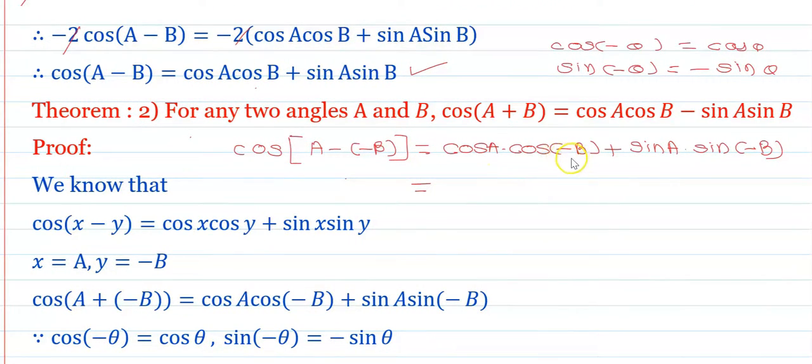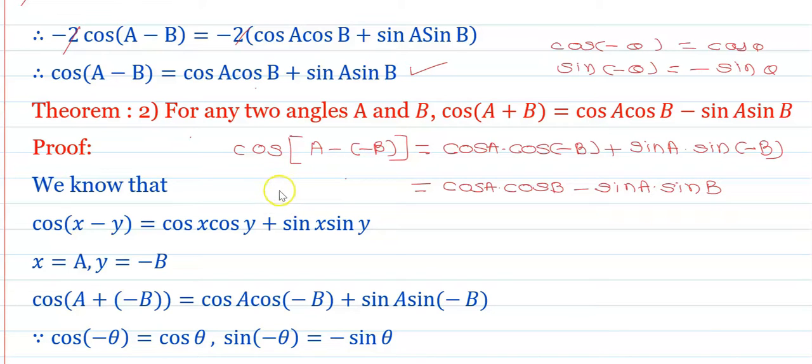Cos of minus B means cos B. And hence, here you will have cos A into cos B. And the sign of minus B gives a minus sign here. Minus sin A into sin B. Okay.